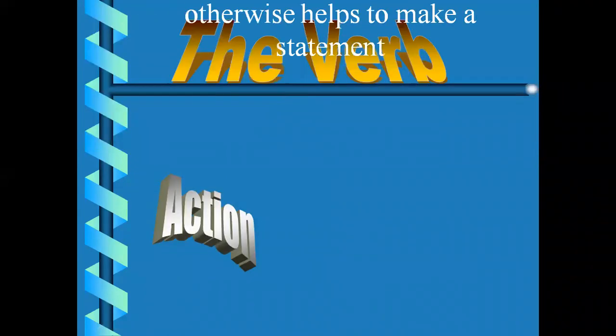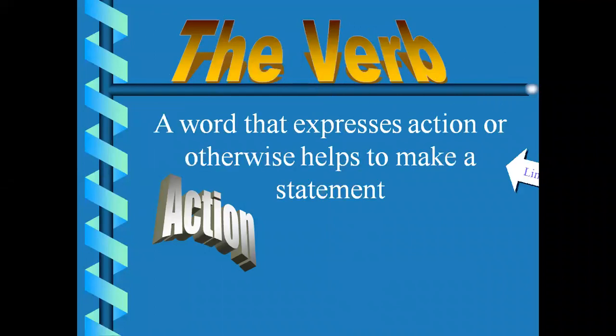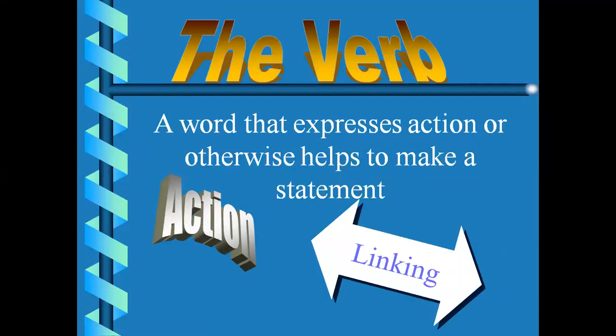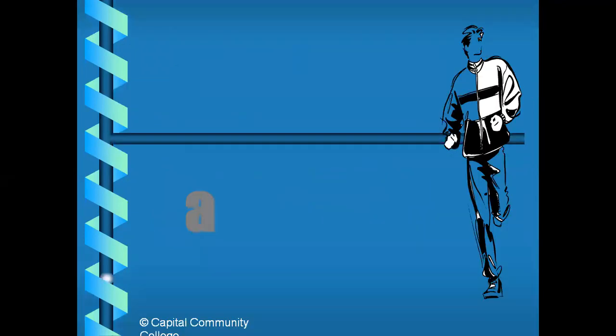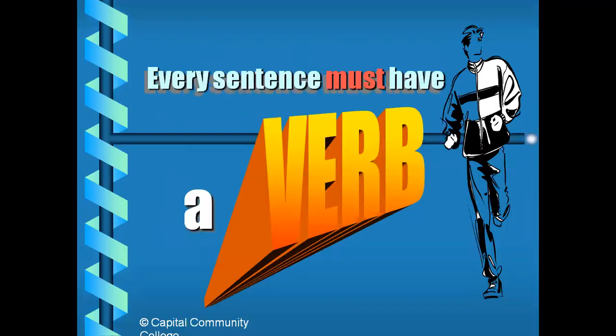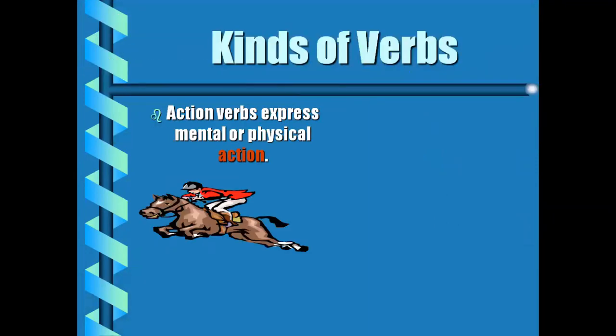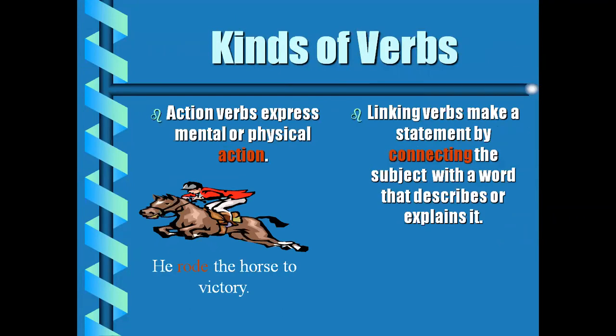Number two, I explained the verbs, and I said that the verb is a word which describes what someone is doing, a word that expresses an action or otherwise helps to make a statement. Each sentence must have a verb. In English, we have two types of verbs: action verbs, which express mental or physical action.